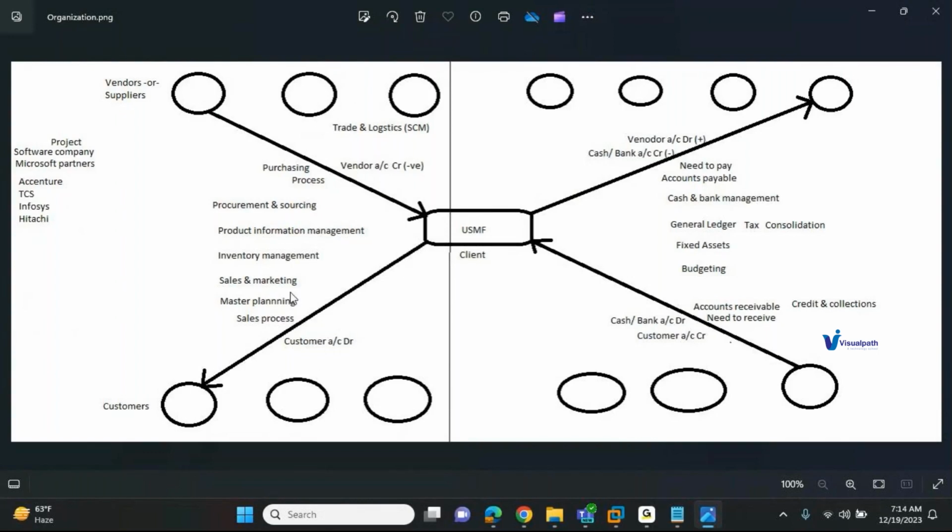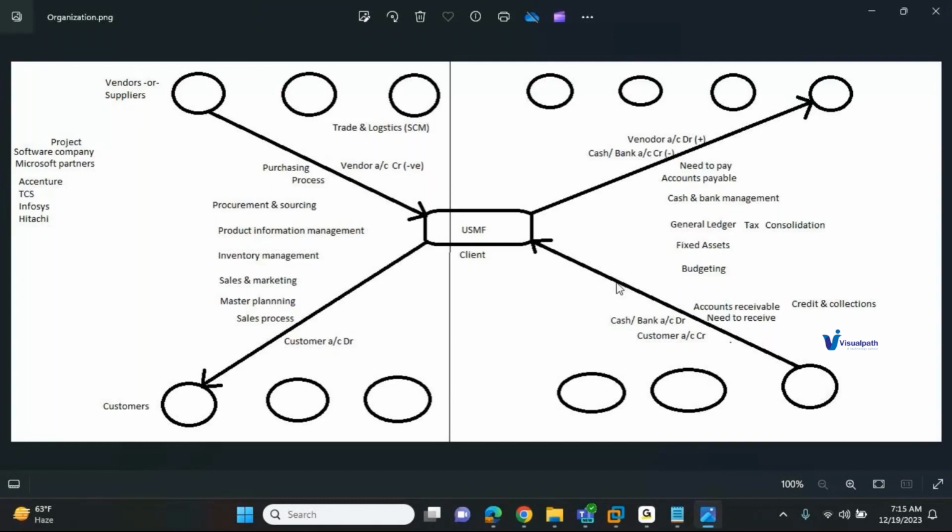Now, once you purchase, you need to pay money to the vendor. That is the accounts payable module you are going to learn. And you have delivered material to the customer. For this, you need to receive money from the customer.